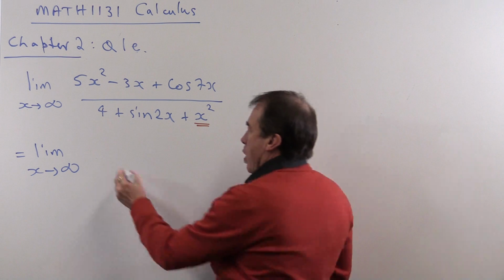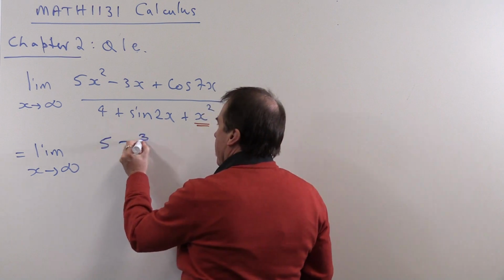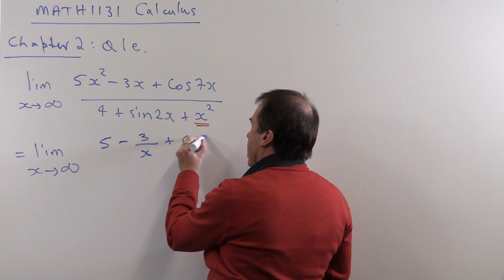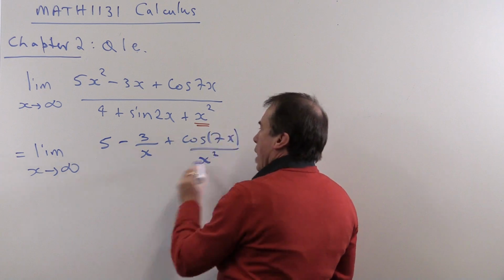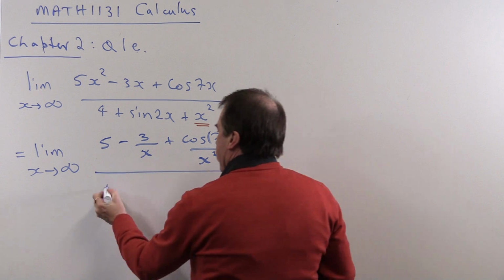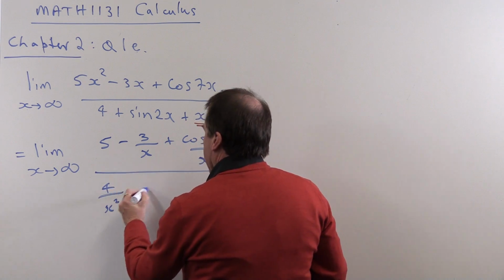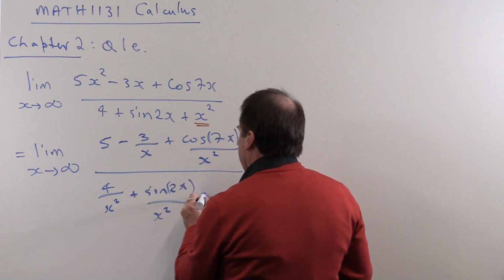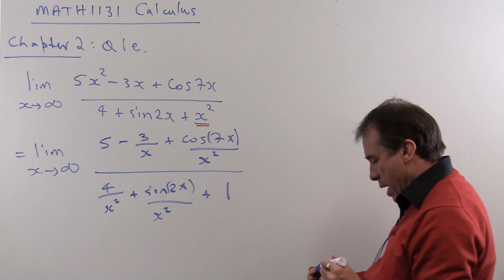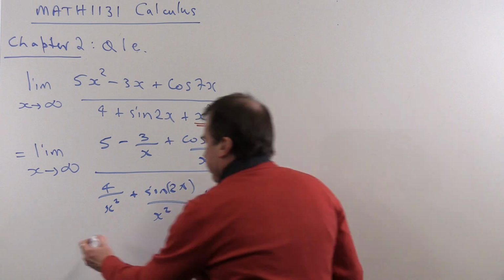So I divide top and bottom by x squared, and I get 5 minus 3 on x plus cos 7x divided by x squared, all divided by 4 over x squared plus sine 2x divided by x squared plus 1. And now you let x become very big.